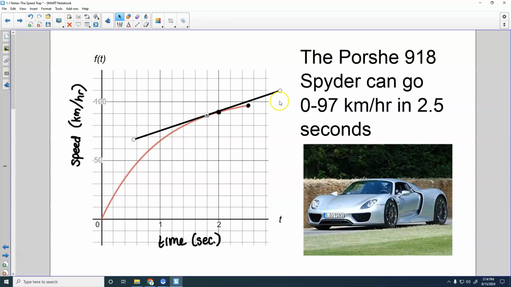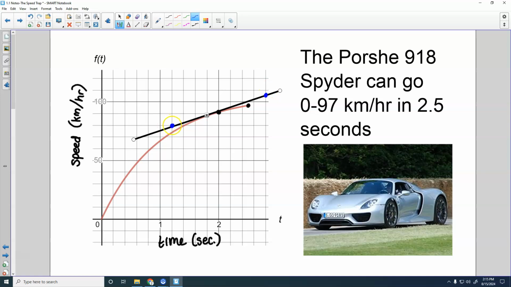So what I'm looking for is the slope of that line, which would be my acceleration. So whenever you're looking at steepness, that's when your acceleration is the highest, not your speed in this case.